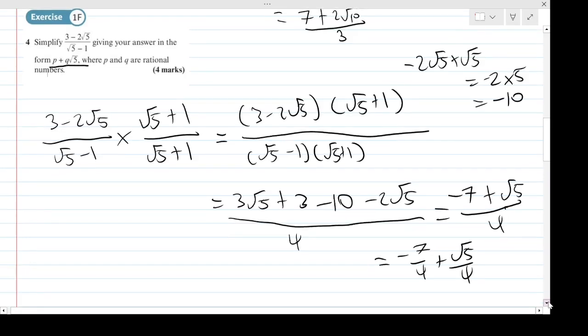And they told us P and Q are rational numbers. So that doesn't mean they're a whole number necessarily. It just means a rational, at least for now. Essentially, it just means a fraction with a whole number on the top and bottom. So, for example, 2 over 3 is a rational number. 4 over 9, even negative 5 over 1, which will just be minus 5, but that's still a rational number.